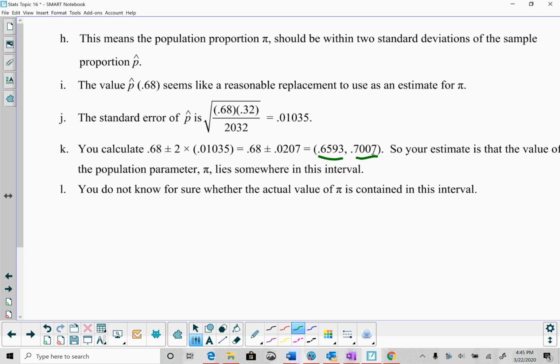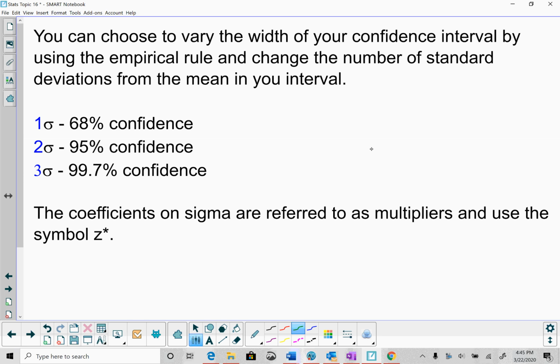Okay, so that's what we're going to do here. This is our confidence interval. How confident do you want to be? So if we go to our empirical rule, we know that one standard deviation to the left and to the right means we should have about 68% confidence that we have captured the actual parameter that we can't find directly.